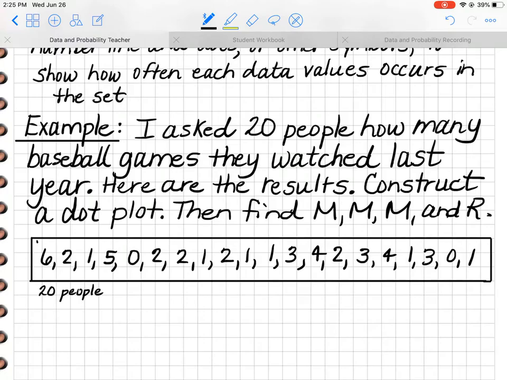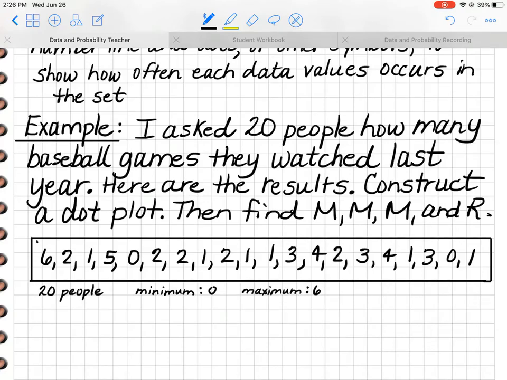Okay. We need to find our minimum score, which is a 0. That's the smallest. Two people said that they didn't watch any ball games last year. So the minimum is 0. The maximum, the highest number, was 6.